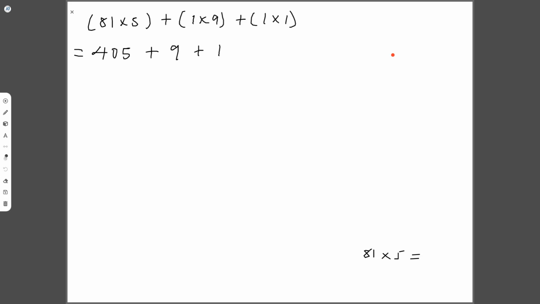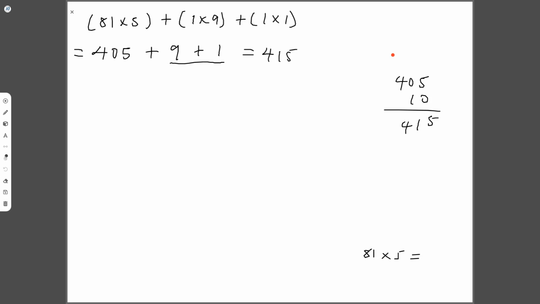So we can simplify this. 405 plus this added together, which is 10, gives us 415.